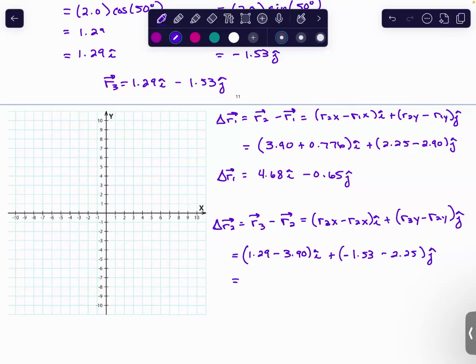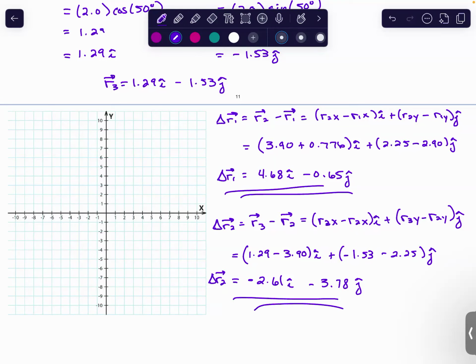When we add these up, our delta R2 is 2.61 i hat minus 3.78 j hat. And again, if you look at the way delta R2 is pointed, you can see that if you put XY axes on the tail of delta R2, it was pointing to the third quadrant. So you do need 2 negative components. Okay, now you found your 2 displacement vectors.